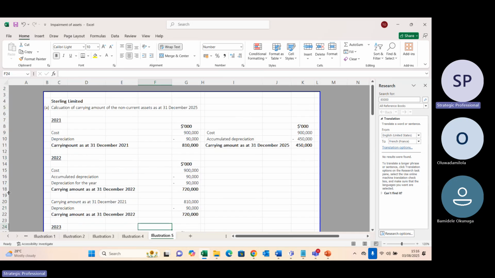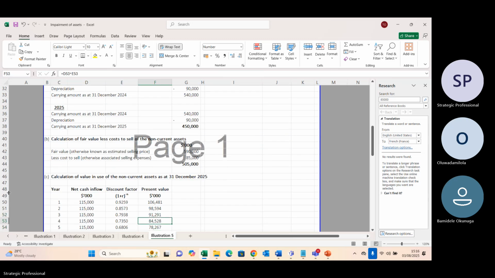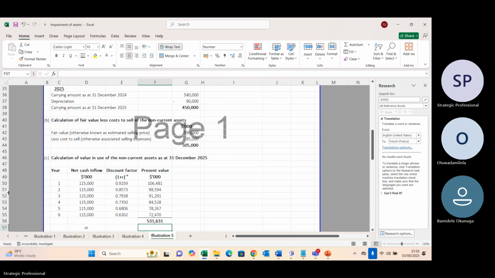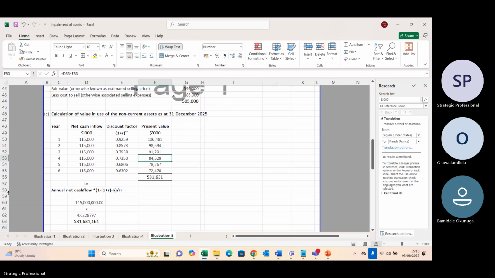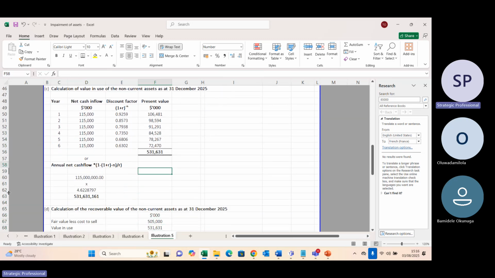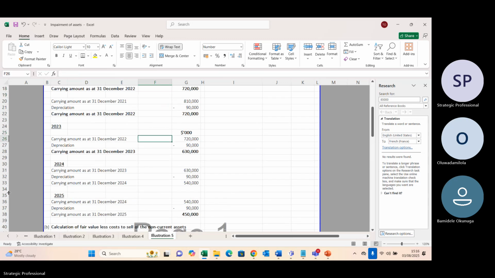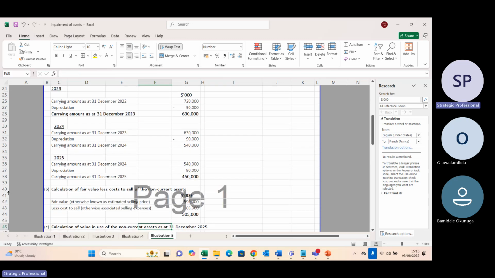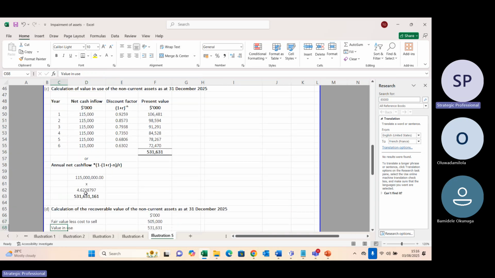Our net book value, oh, okay, it is higher than it. Let me change it. Let me assume I want impairment. Okay.